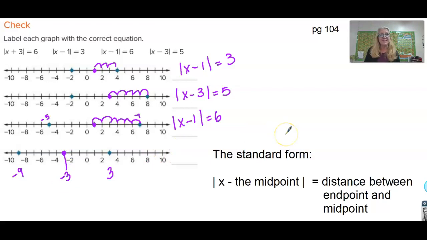Because the midpoint was -3 and the standard form is x minus the midpoint, we would have x minus -3, which is rewritten as x plus 3 equals 6. Is it 6 spaces from here to here? 1, 2, 3, 4, 5, 6. You bet it is. Good times.